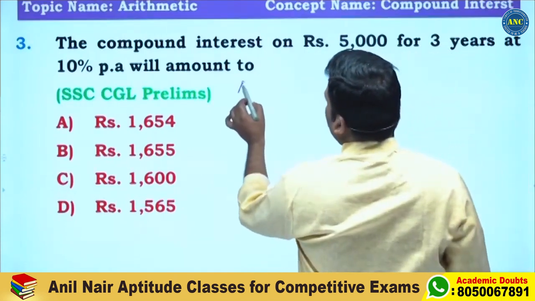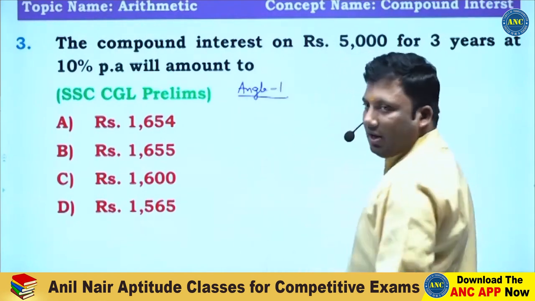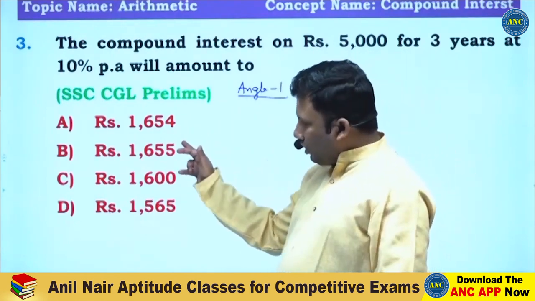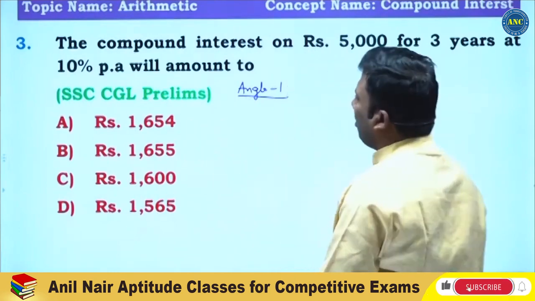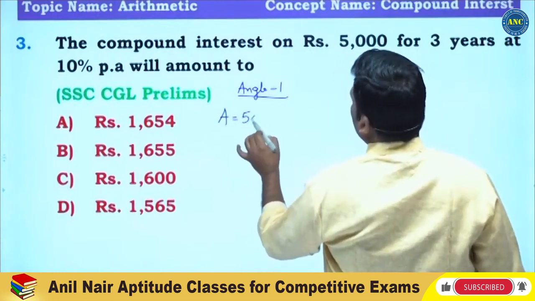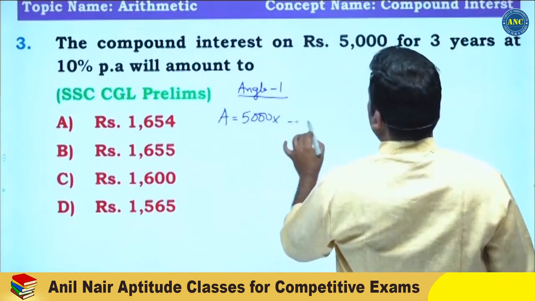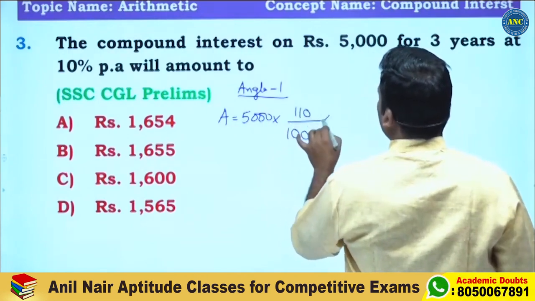now angle 1. What is the first way to look at this question? If you see here, the rightmost non-zero digit in the options is 4505. So let me check it by using the rightmost non-zero digit. I took 5,000 from my friend. On 100, it is 10 rupees extra. It is 110.